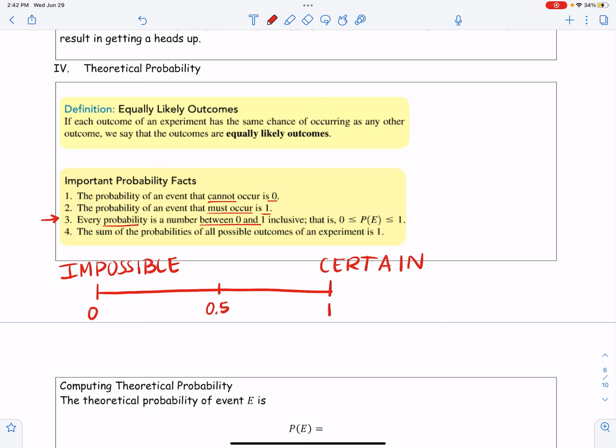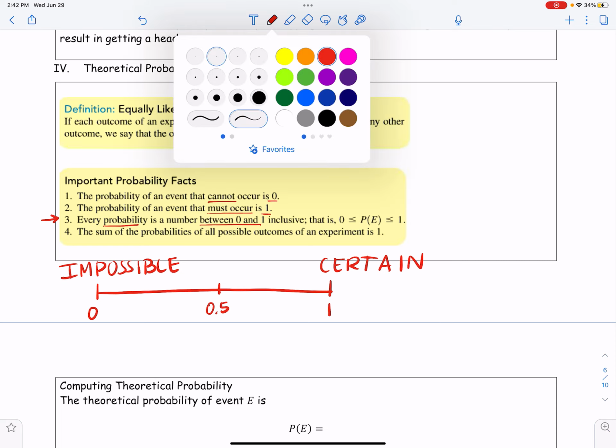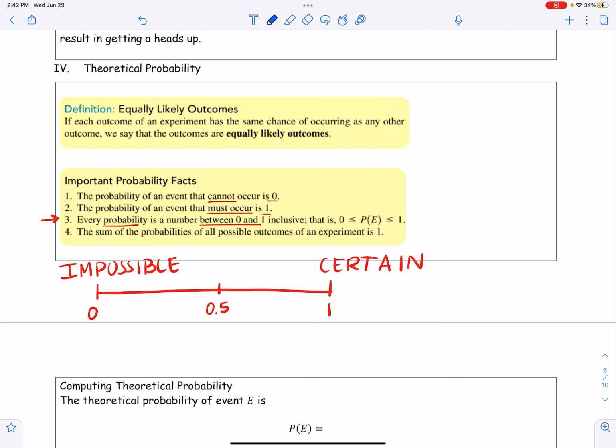Like a 1/2 probability. And so, values that we get for probabilities that are closer to 0 are things that are more unlikely to occur. Values, especially as they get closer to 1, are going to be values that are likely to occur. So you can kind of think about it on a scale, but this also shows you why it has to stay between 0 and 1.